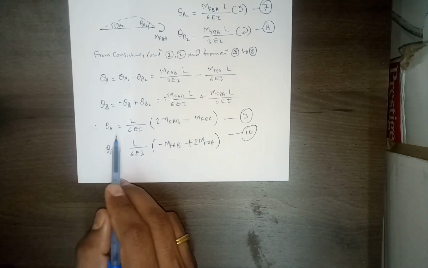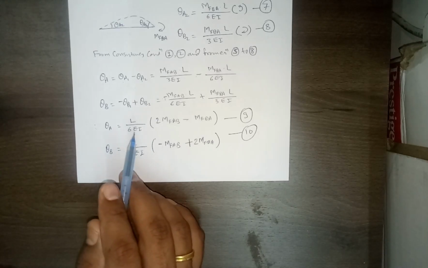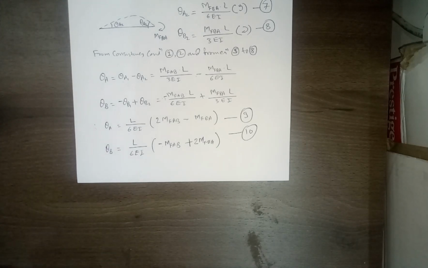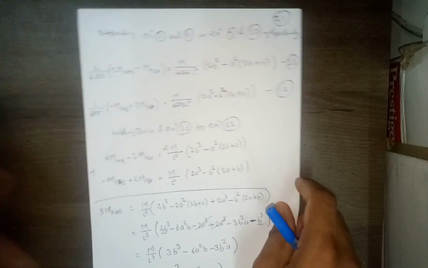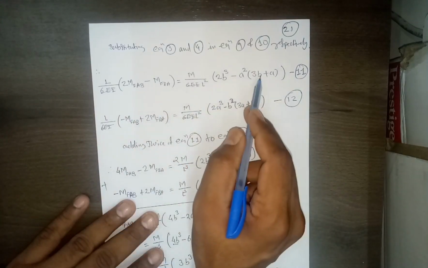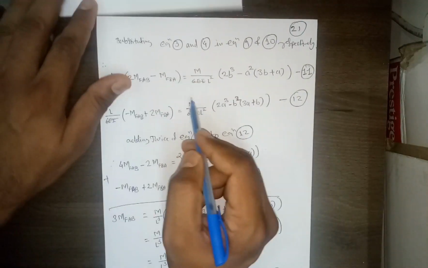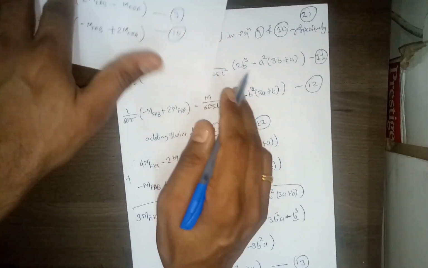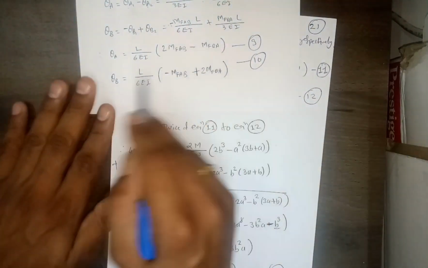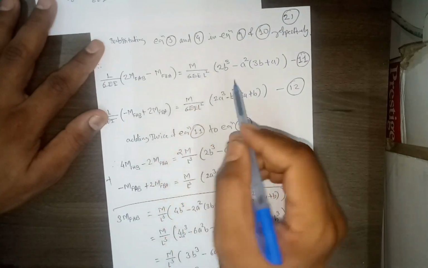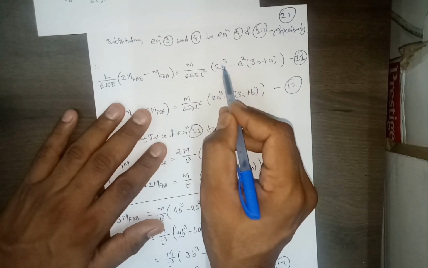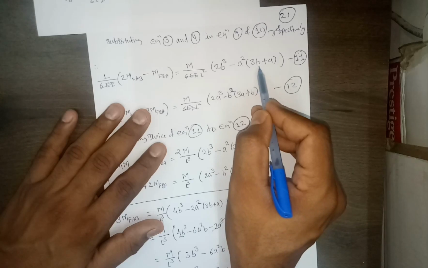Now we'll substitute the values of theta A and theta B. Since I have to calculate MFAB and MFBA, I have brought this term to the other side and theta A to the right-hand side, and I have substituted the value of theta A. So theta A is M by 6EI L square into bracket 2b cube minus a square into 3b plus a.